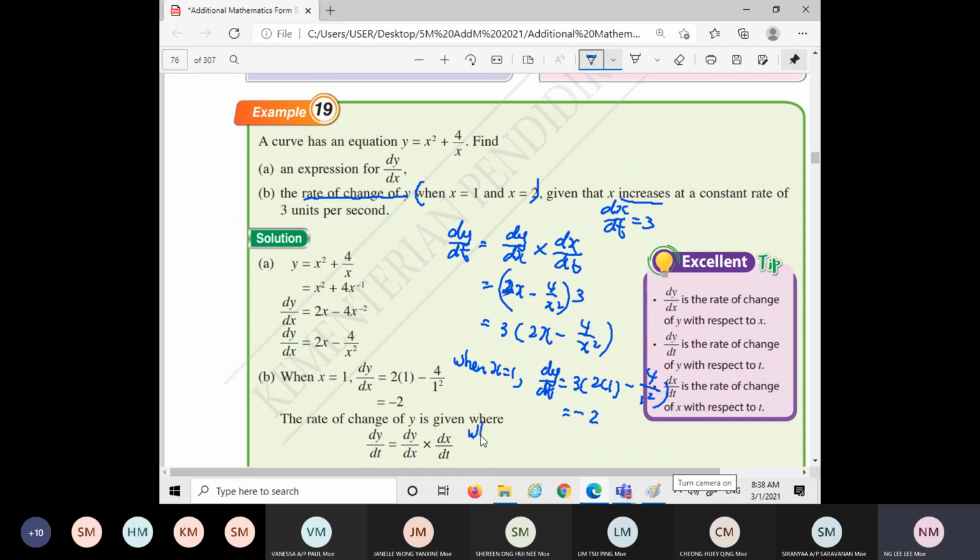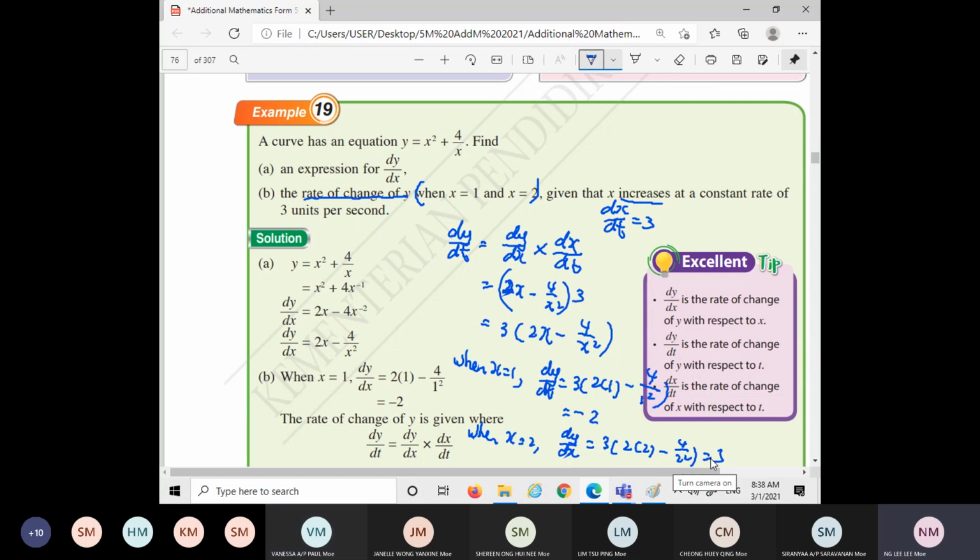Then the other one, when x is 2, same thing, substitute back inside the dy/dx. The answer, I write outside first. The answer is 3. That's all.